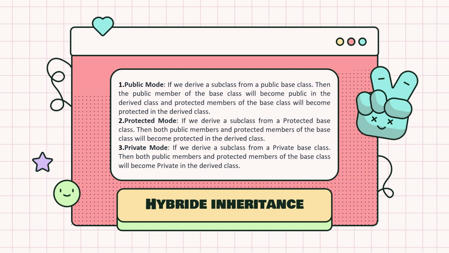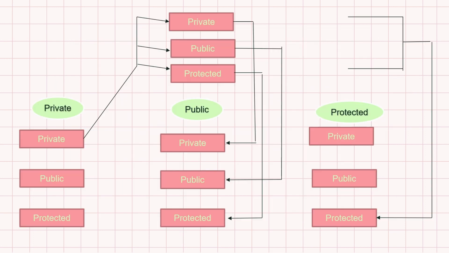Now we have moved forward. This is about the public mode, the protected mode, and the private mode. To make it easier, I summarize it this way. When we derive our subclass using the private specifier, all the data present in our superclass, private, public and protected, come to the private section of our child class.